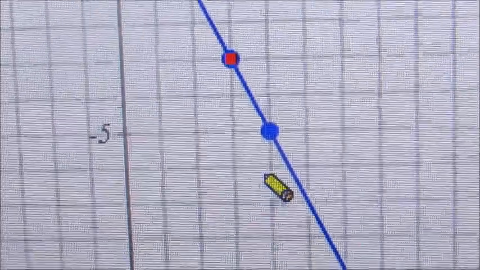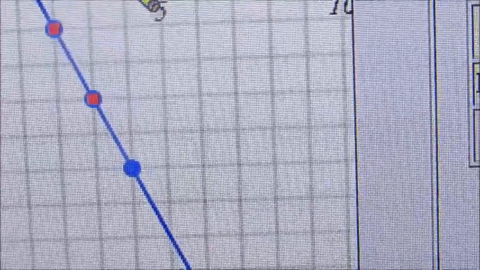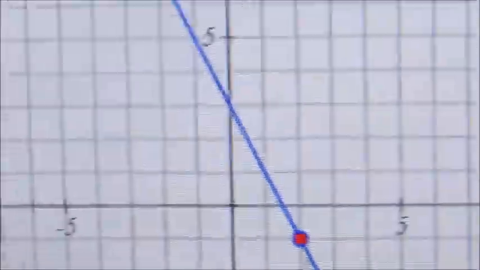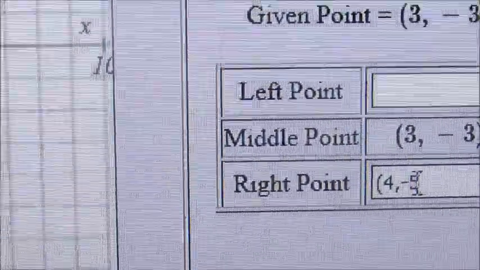So the left one is this point, and it's at (4, -5). So remember, you do have to put the parentheses: (4, -5).